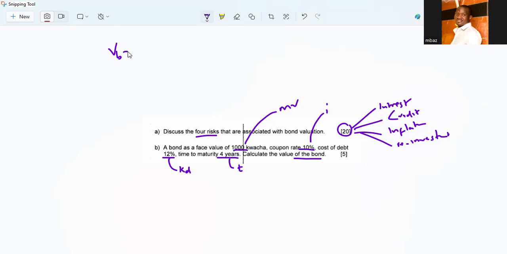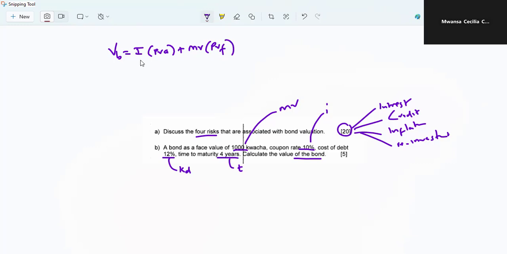Value of the bond is equal to what? Capital I, PVA, close brackets, plus M, then open brackets, PVF.